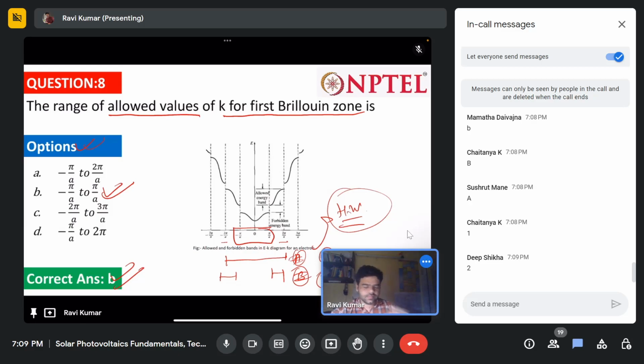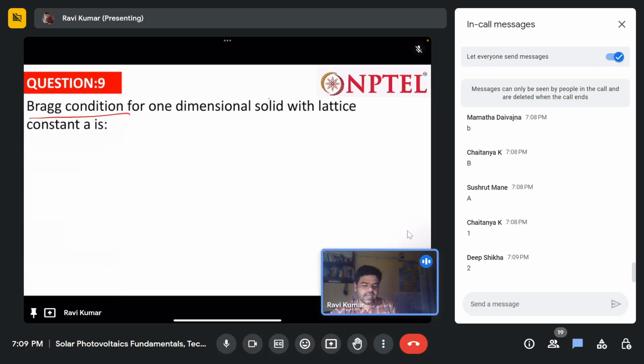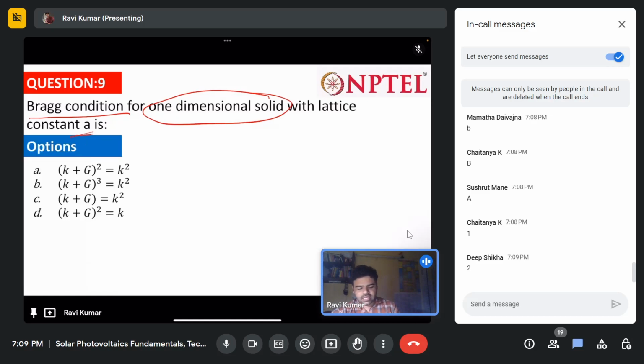Okay. The next question says the Bragg condition for a one dimensional solid with lattice constant a is, and these are the options. It is a direct question. You can just tell me by seeing the options. A, B, C or D?